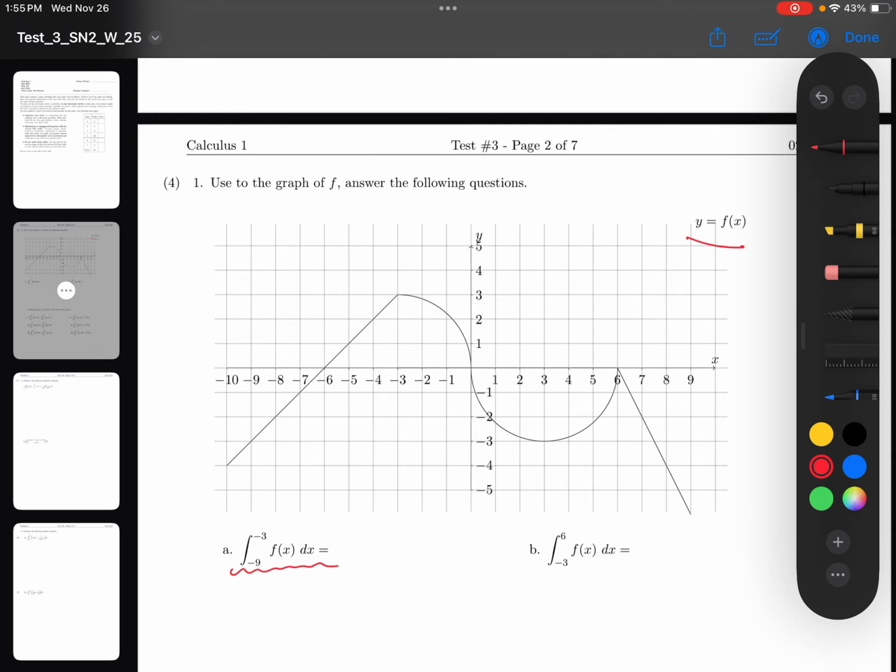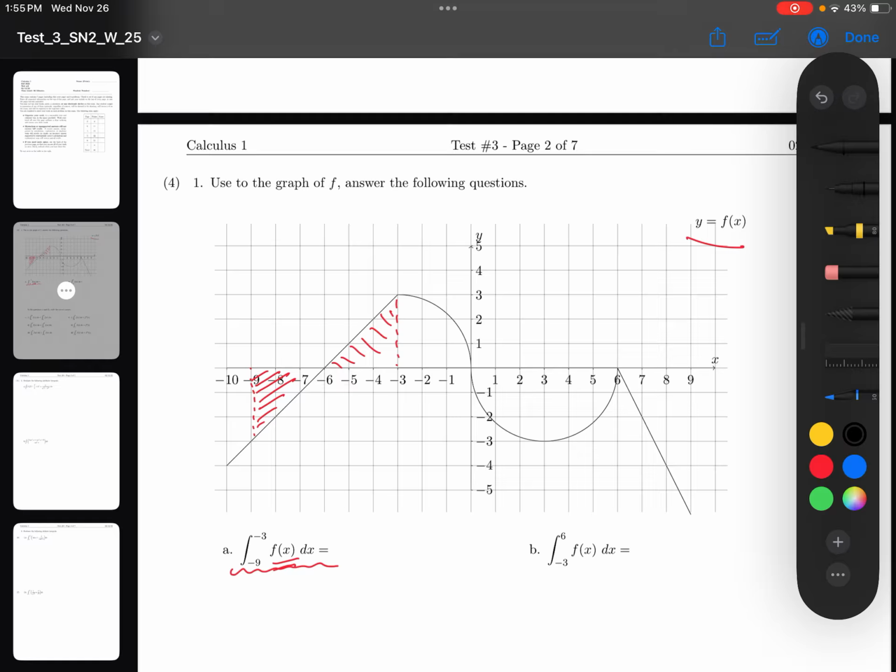the definite integral? It gives us the net area under the graph. So I have to look at the graph of f of x from -9 to 3. So the area trapped under the graph is this area from -9 to -3, except that the definite integral is the net area, right?